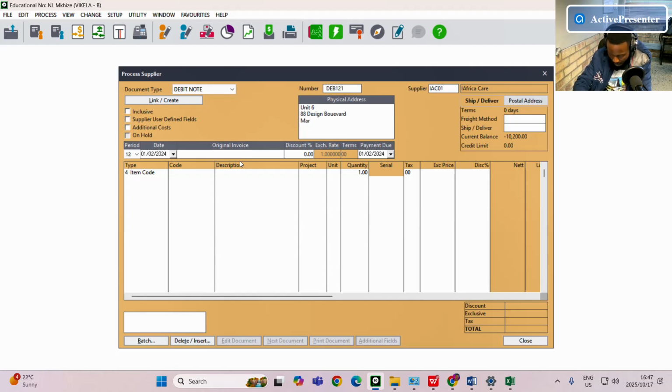It's Margot Street, and then 2188. All right, so obviously I need to make sure, yes, it is period number 12, enter.